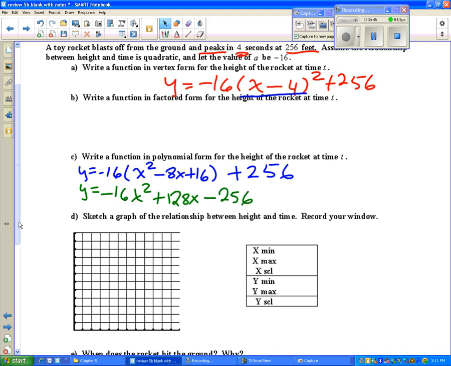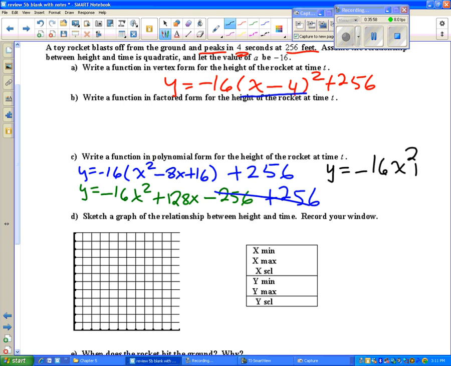But then I have this blue positive 256. So these cancel. And so my polynomial form is y is equal to negative 16x squared plus 128x.